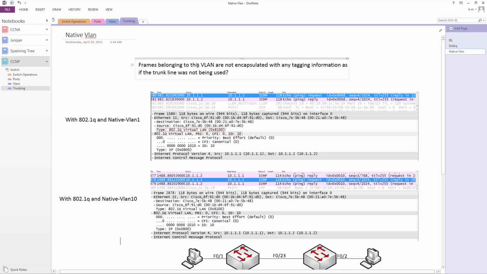100% that if my native VLAN is VLAN 10, that means any traffic that's going across the trunk that is in VLAN 10, guess what? It's not going to be tagged. So then you go out and you lab, okay?